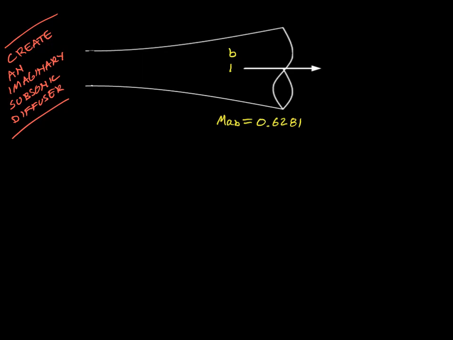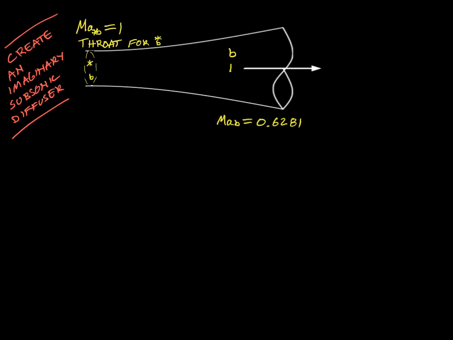All right, I hope you've had the chance to look it up in table 19. We can see that if we go from a Mach number of 1.75, we shock down to a Mach number of 0.6281 at state B. We're going to redraw our throat now, and imagine what a subsonic diffuser would create.